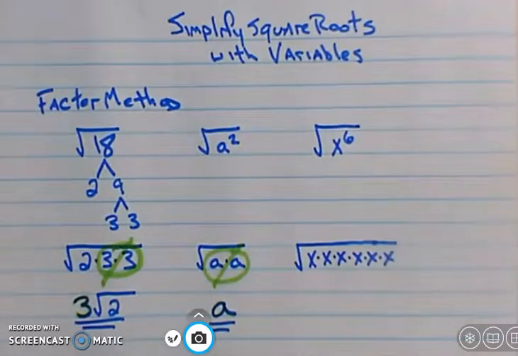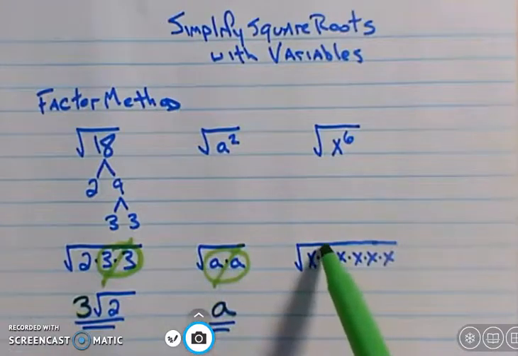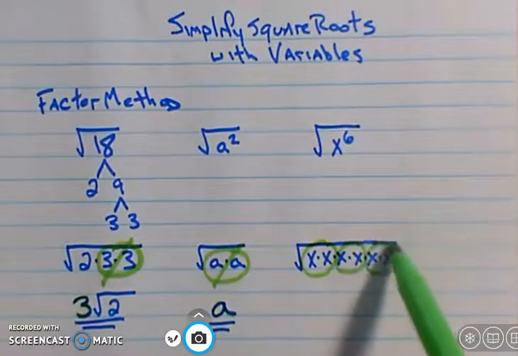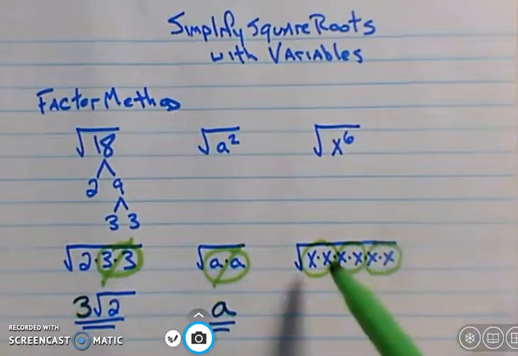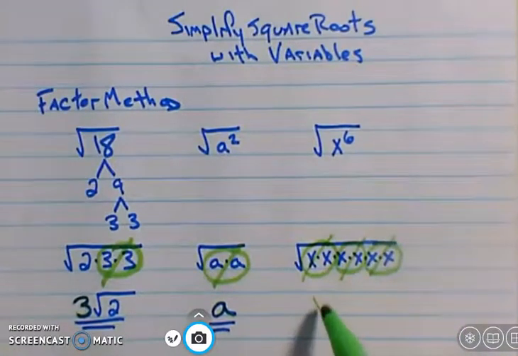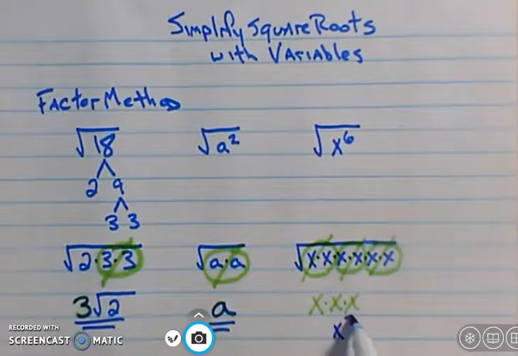Well, just like before, I'm looking for pairs. In this case, you notice there are 1, 2, 3 pairs of x's. Each one of those pairs is perfect. So if I put all that together, I know that x times x times x is x to the 3rd. And if you'll notice, there's nothing left over. So my answer here would be x to the 3rd.